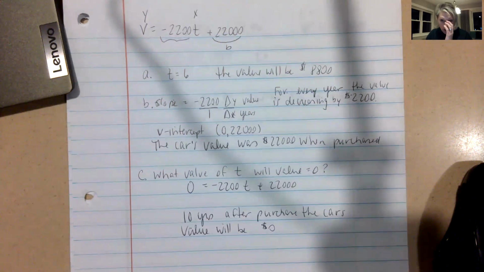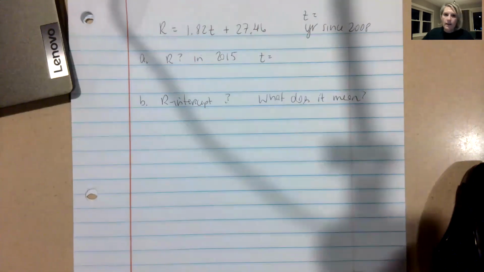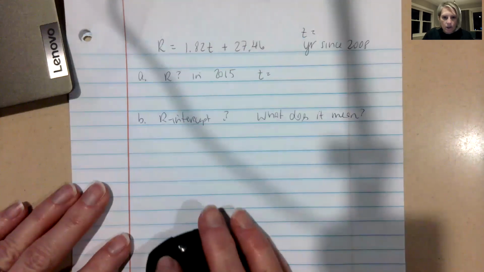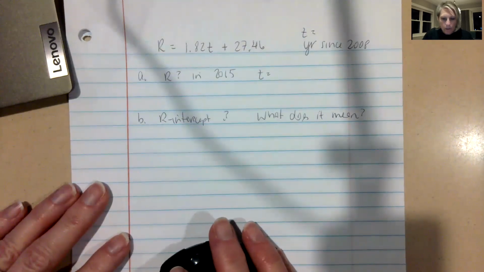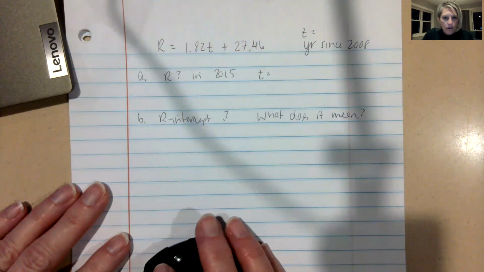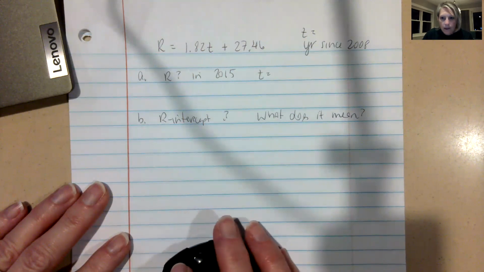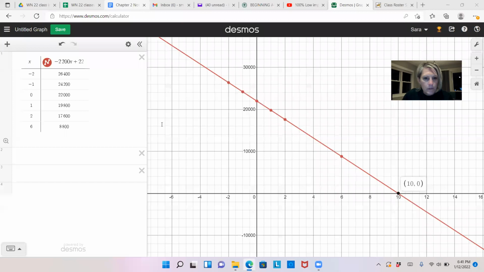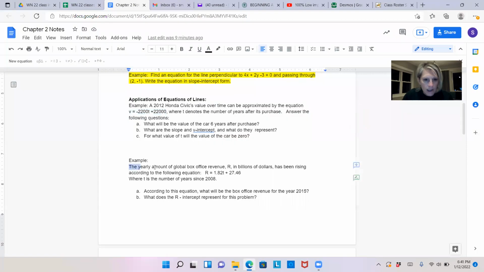So let's look at the last question for applications that we're going to look at, and that is a revenue question. Let's go back to our assignment here quickly. And it's right here. It says the yearly amount of global box office revenue in billions of dollars has been rising according to the following equation, where T is the number of years since 2008.